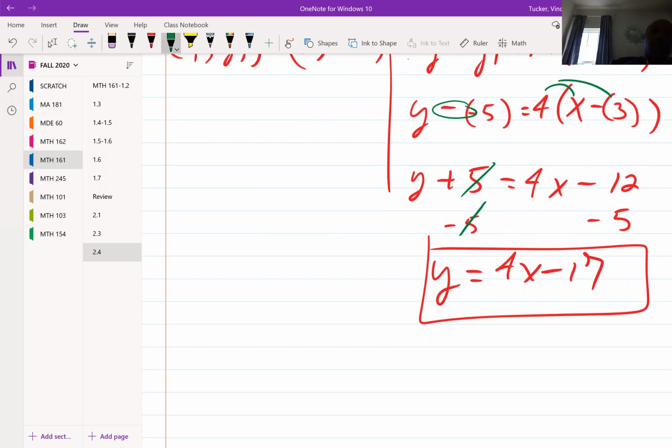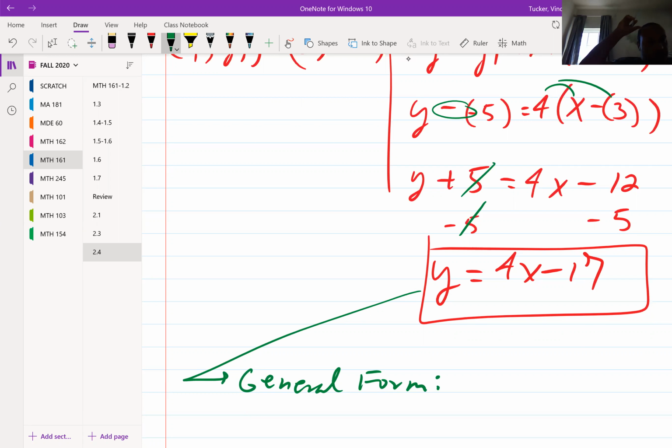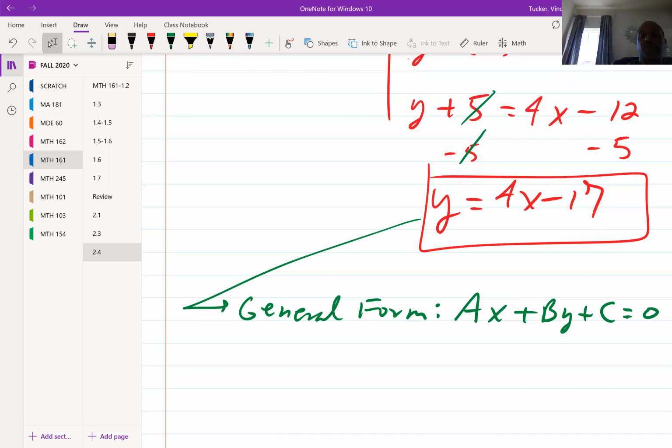All right. So don't forget they ask for general form. That is just ax plus by plus c equals 0. So basically all of your terms are on one side, and we just set one side equal to 0.